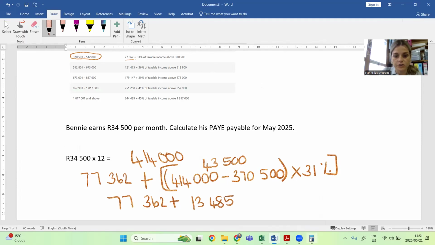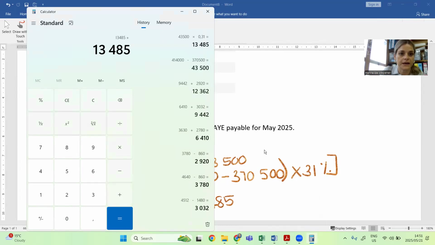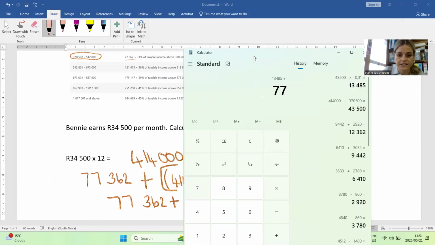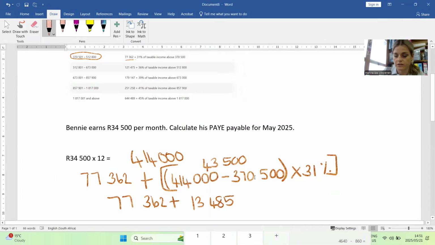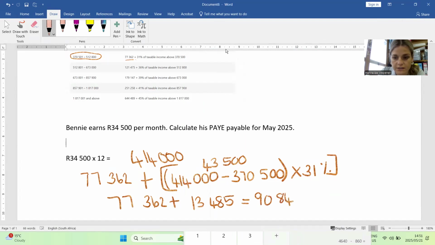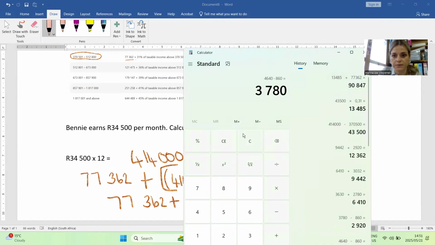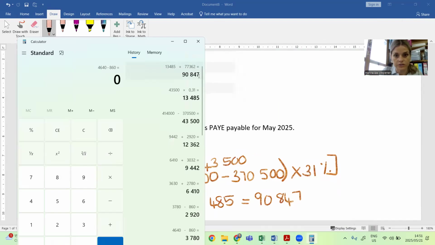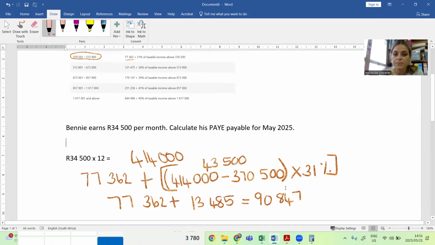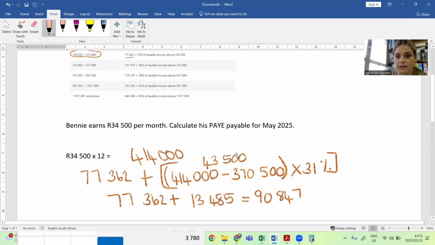That's the total amount that you have to pay, so it's 90,847 Rand. There we have it. That is the amount that you have to pay. That is per annum, because remember, you used your annual salary to calculate this.